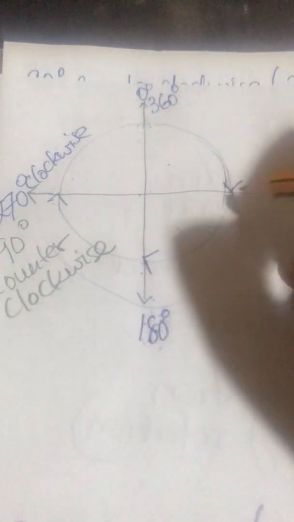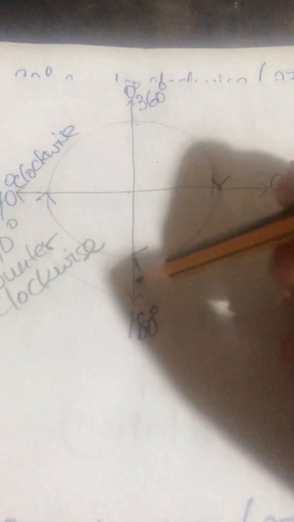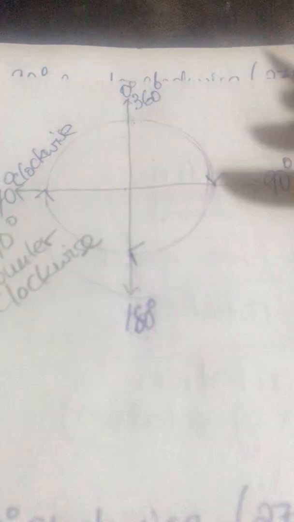Now, if I go this way, 270 degrees now changes to become 90 degrees counterclockwise, because I started from here and I went this way. This is 90 degrees. This will still be 180. That is why I told you, it doesn't matter whether I go clockwise or counterclockwise, I will still come to 180.